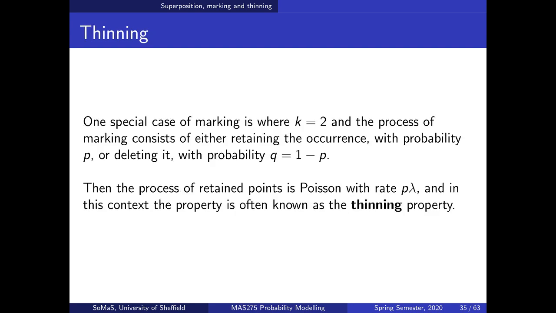And finally, we're ending this section with thinning. Thinning, you could say, is a special case where k equals 2. You don't really have to. The point is, you only remember one type. So I choose to only remember eruptions which have a temperature higher than 1,000 degrees, and I forget everything else.